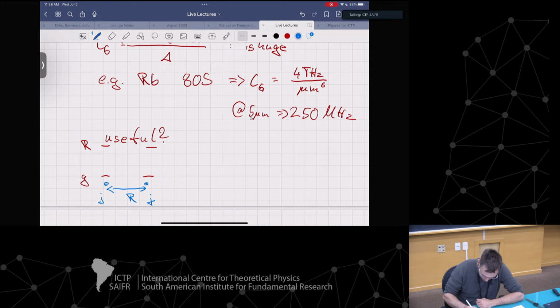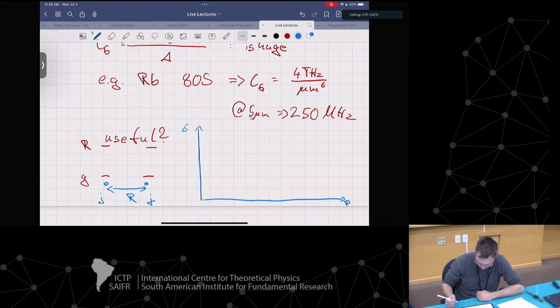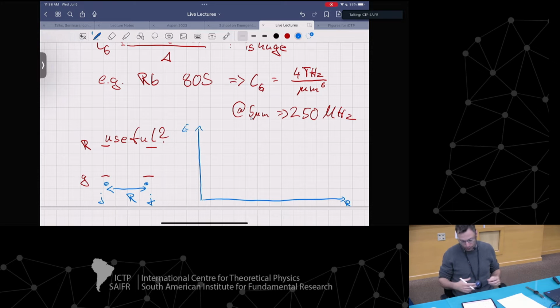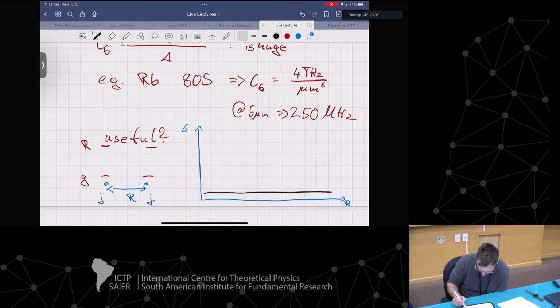So what is this situation? I'm drawing here the energy scales, energy in dependence of the distance between the atoms. I have 2 atoms, both atoms have 2 states, so I have 4 possible states. The lowest energy state should just be both atoms in the ground state. Then the next energy level would be 1 atom in the Rydberg state and the other one in the ground state.